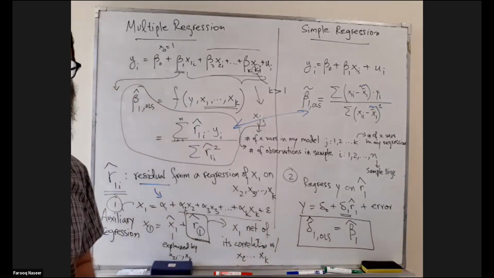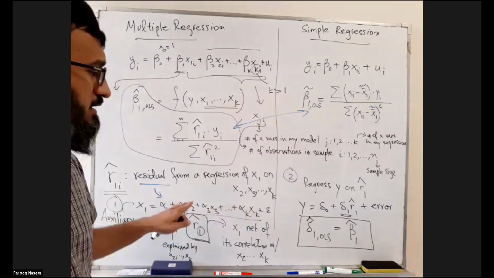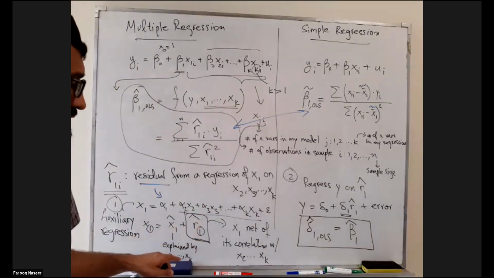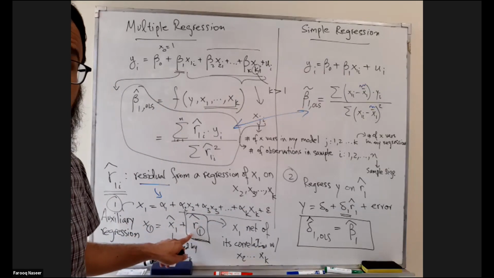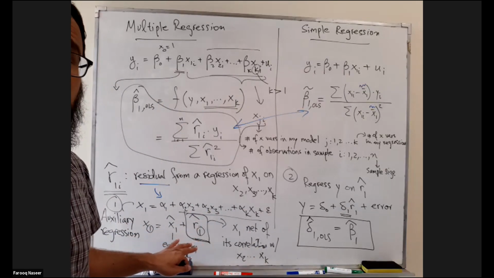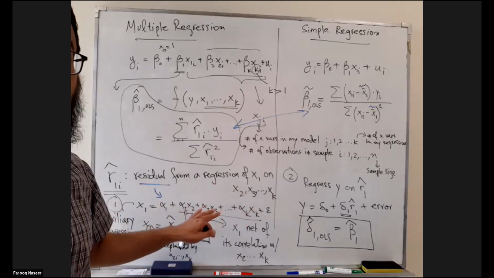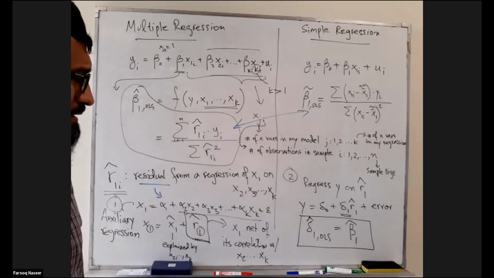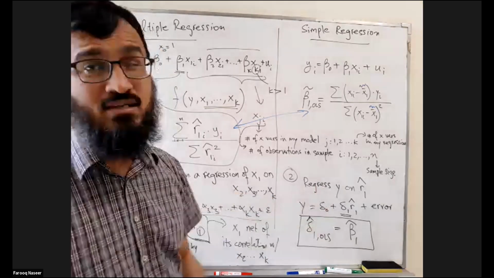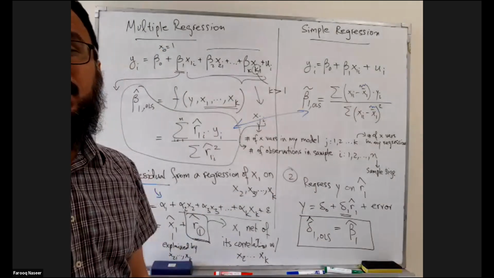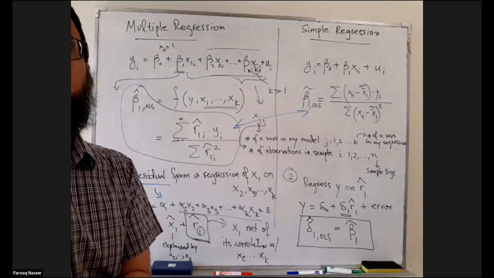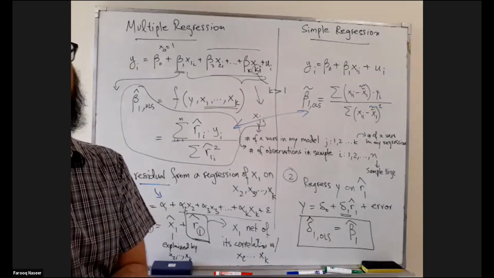Right? So whatever correlation x1 had with these other variables, I have now removed. When I'm looking at the r1 hat, it is the leftover variation in x1 after I take away that part of x1 which was correlated with all these other variables. And then in the second stage, I'm regressing y on that netted out portion of x1.